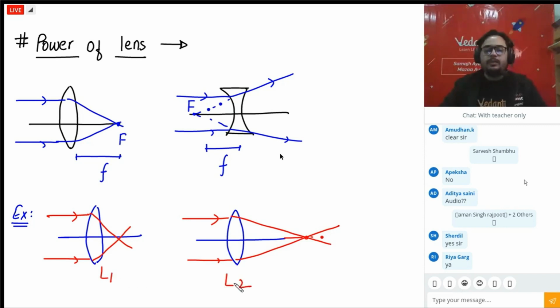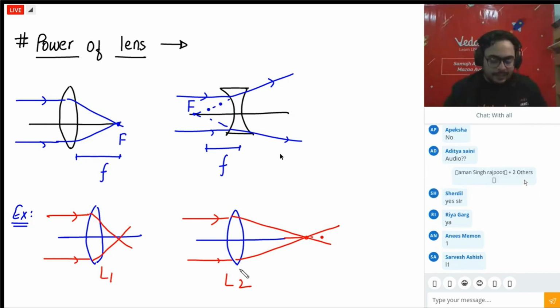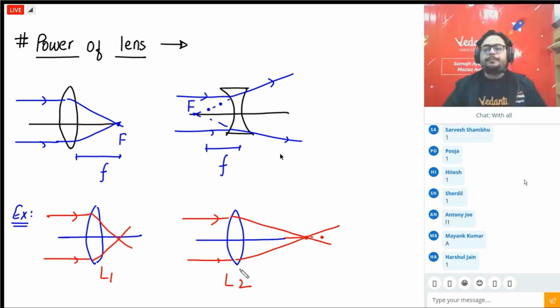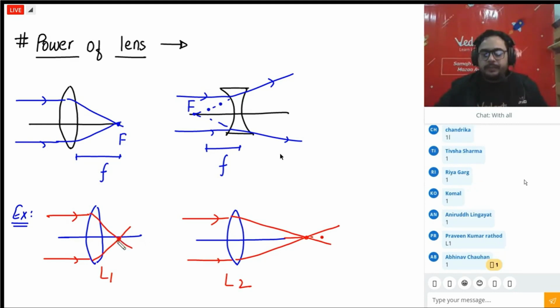Can you tell me which lens is more powerful? Which lens has more power to converge the incident rays? Clearly we can see that lens 1 converges the rays very close to itself. So power of this lens should be more.